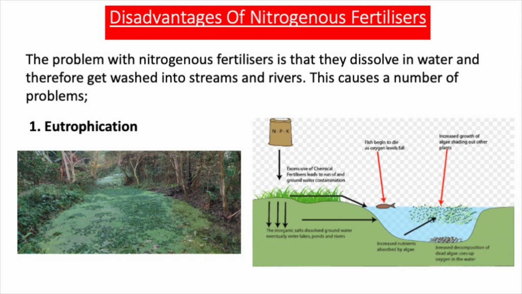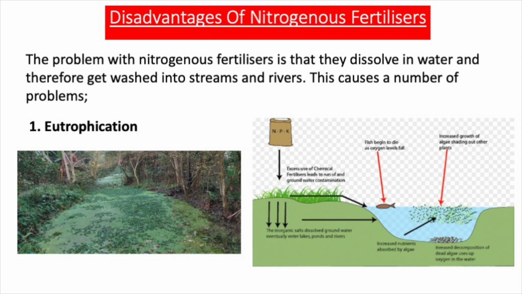Now the word eutrophication comes from the Greek language, and the EU part means well, and the troph bit comes from the Greek word for nourished. So it means well nourished. And eutrophication is where too many nutrients get into streams and rivers.